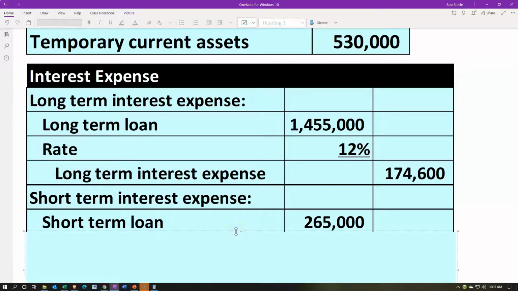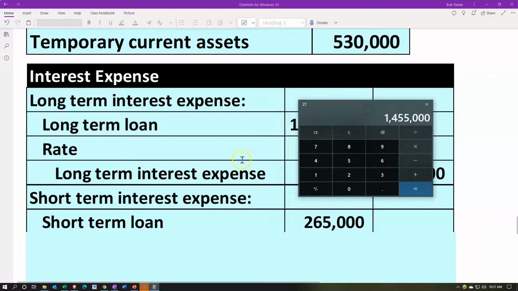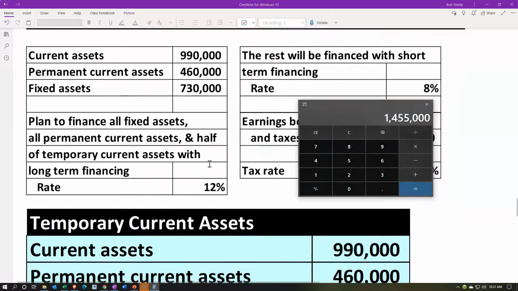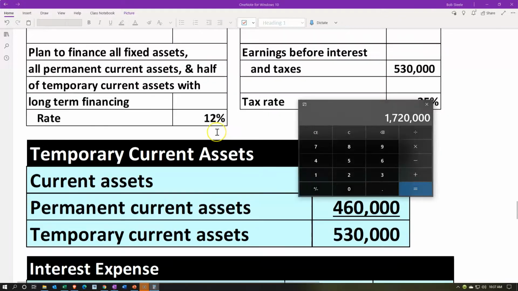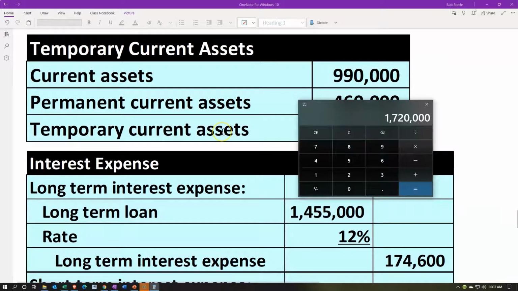We then have the short-term interest that we're going to calculate. Similar kind of process. Now we have less financed with the short-term interest. We're going to assume we finance the entire thing. So we're going to say total assets then are going to be the current assets 990,000 plus the 730,000. That's going to give us the 1,720.